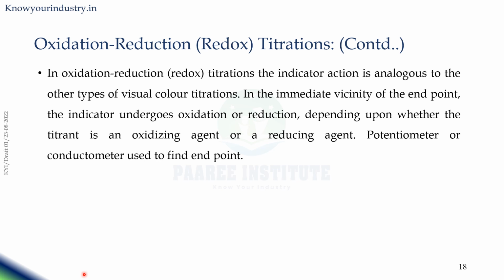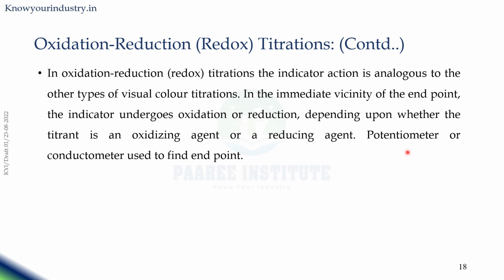In the case of redox titrations, the indicator action is analogous to the other types of visual color titrations. In the immediate vicinity of the endpoint, the indicator undergoes oxidation or reduction depending upon whether the titrant is an oxidizing agent or a reducing agent.